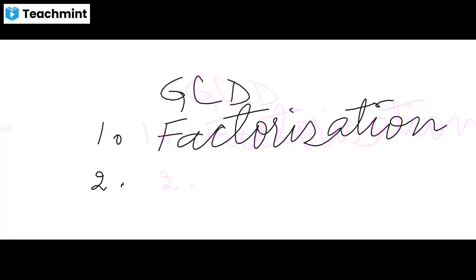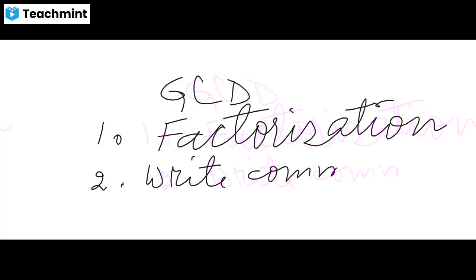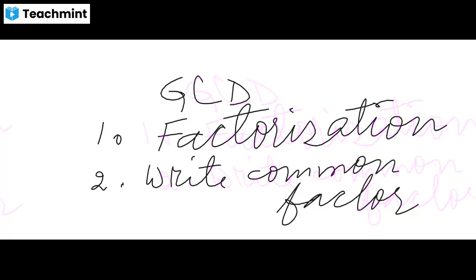Then the second part for GCD: write the common factors. Depending upon the polynomials given, there can be only one factor which is common in both. There can be two factors common in both.